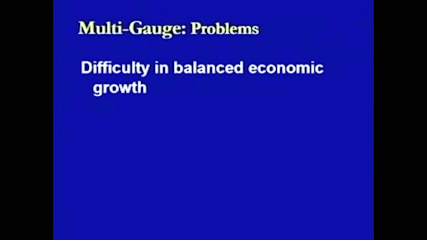Another aspect here is the difficulty in balanced economic growth. Now this is the aspect of the provision of different types of gauges in different areas, because our total resources get distributed, and when the total resources are getting distributed, it can become a hindrance to the different types of developments which can take place in any area.